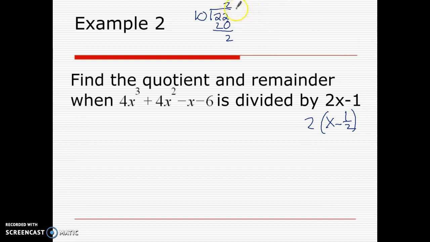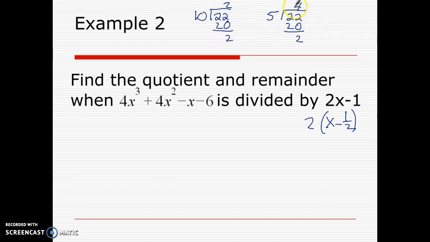So clearly I would rather divide by 5 because that's half of 10, right? So I'm going to divide by half of 10, and I'm going to get a quotient of 4. But my remainder is still going to be 2. Why? Because 2 was already less than half of the divisor I was originally dividing by.